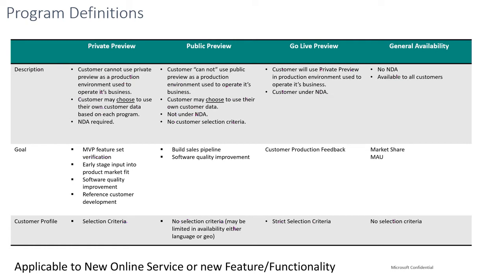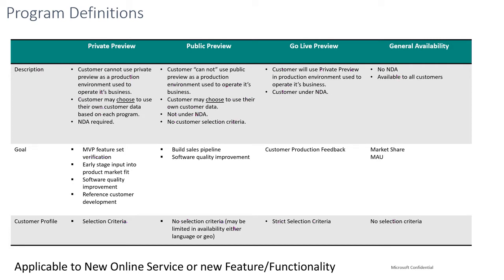So as we go through, an idea comes to light and we want to bring that idea out to the community, we really start breaking it down into multiple different phases. The first phase is what we call a private preview. And we have different descriptions and goals throughout the process for each of these as we talk through. From a private preview perspective, a customer may or may not go live.